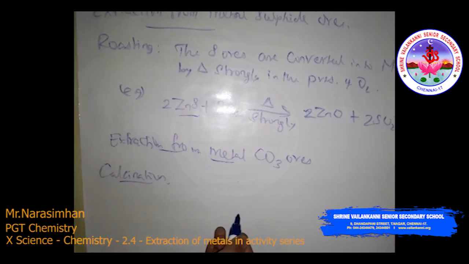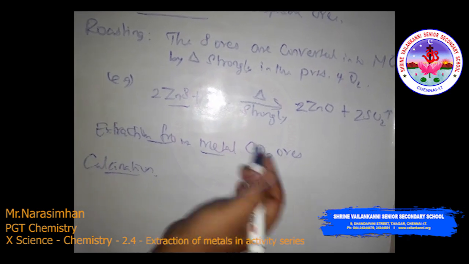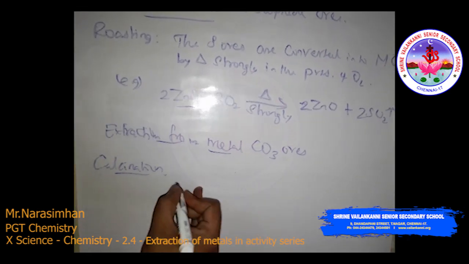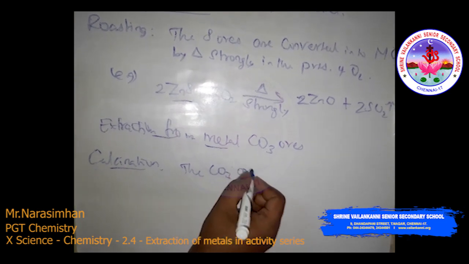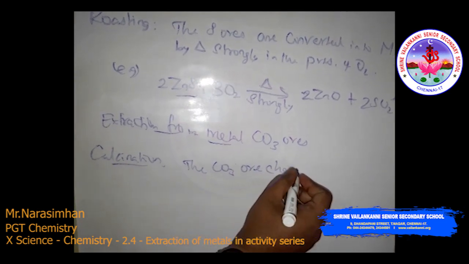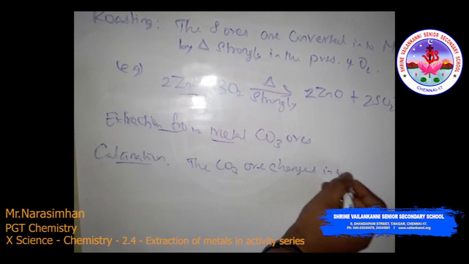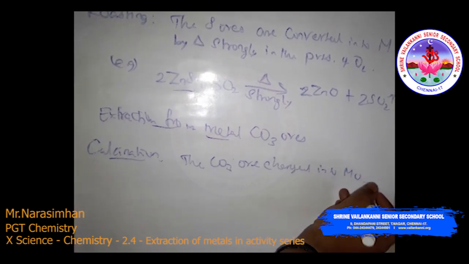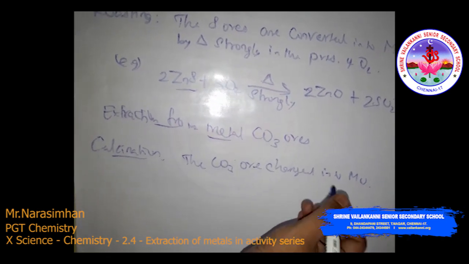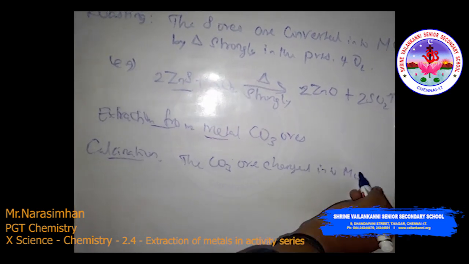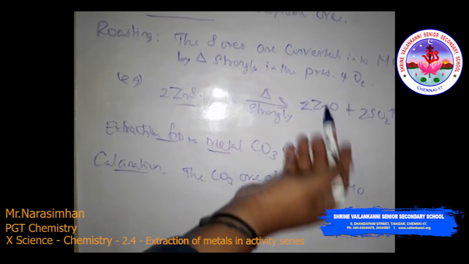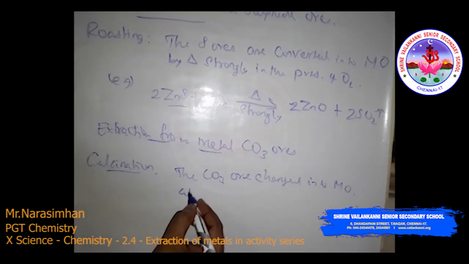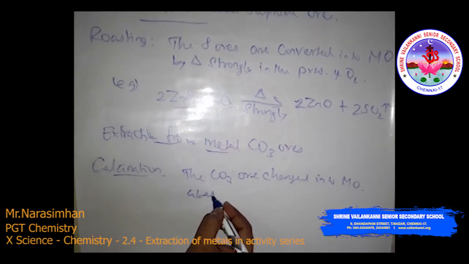Calcination means the carbonate ores are changed into metal oxide by strong heating. Here, in roasting, there is presence of oxygen; in calcination, there is absence of oxygen or a limited supply of oxygen.